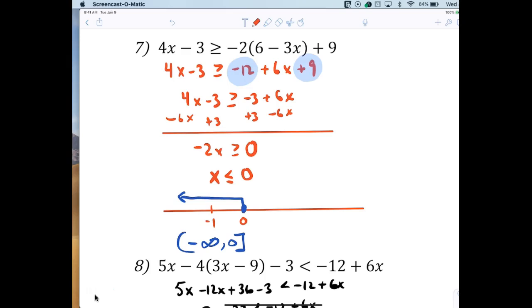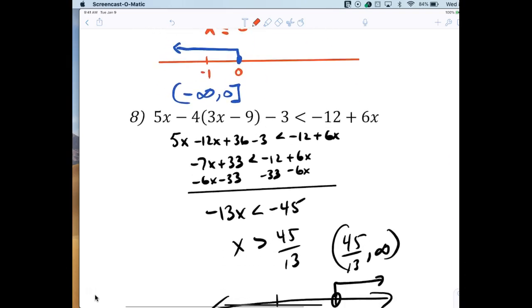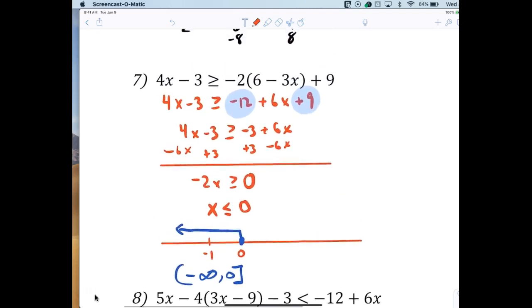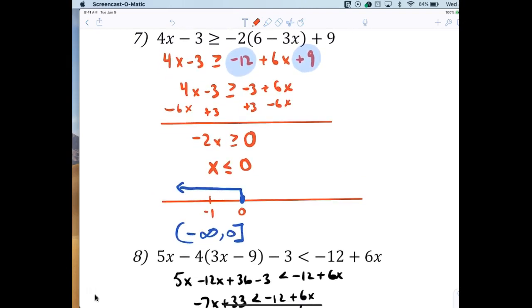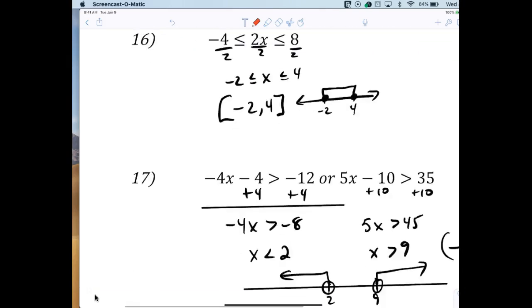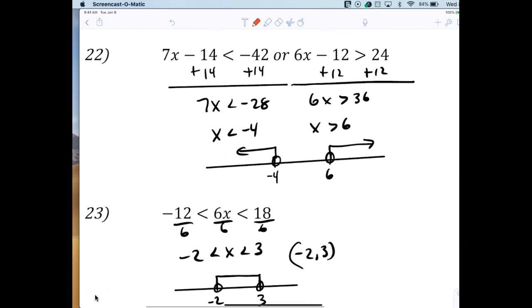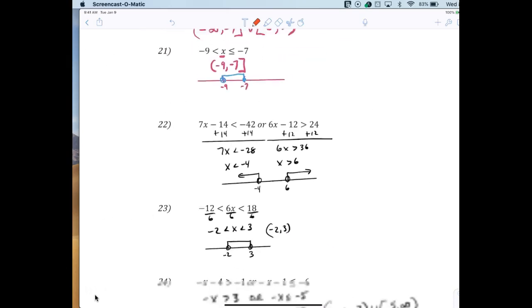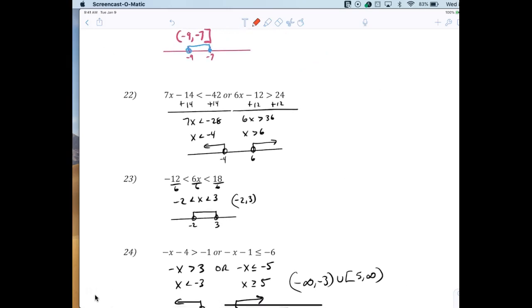Somebody else. Oh, I'm sorry. What did you say? For 7? Okay. Can you just show me which one. Yeah, the interval. I didn't write that one down on this one either.